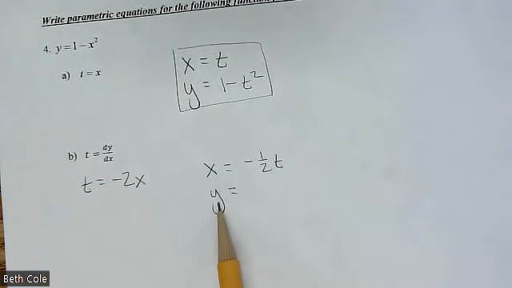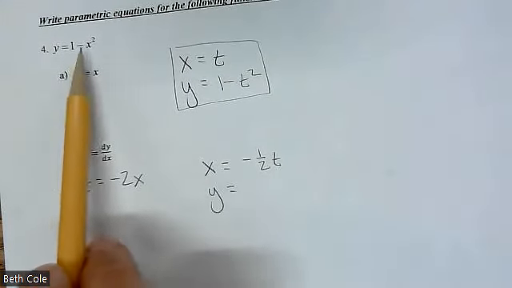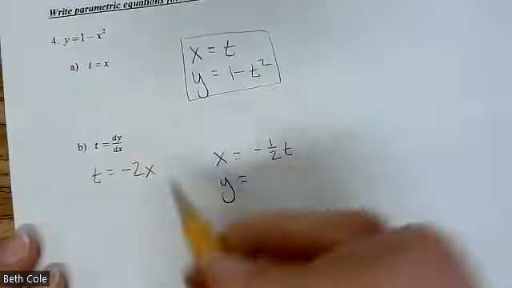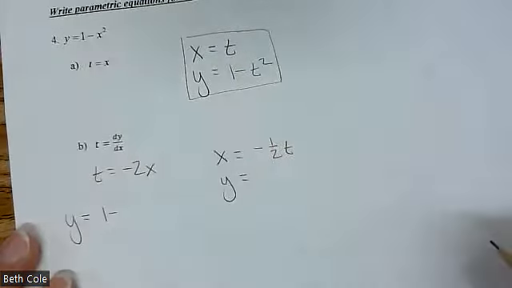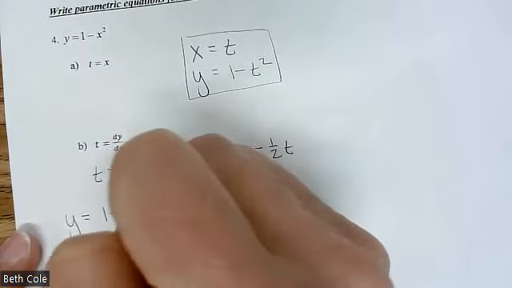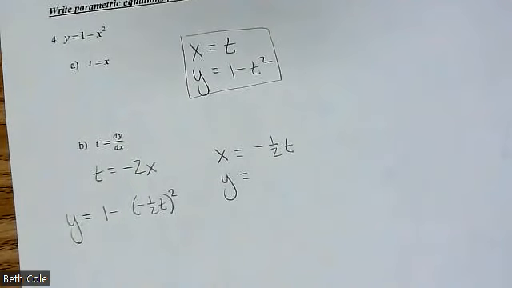And then how would you get y? Well, you're going to take this negative a half t and plug it in for x. So y equals, I'm just going to do my work off to the side here. Y equals 1 minus negative a half t squared. And I'll put my answer over here.